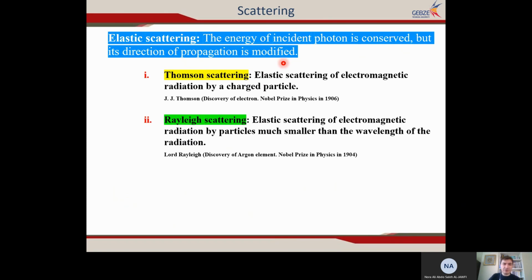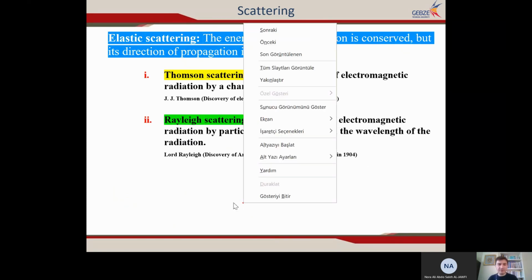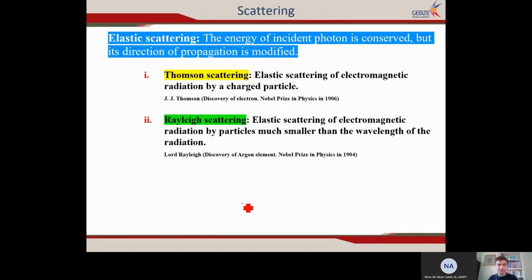So let me draw here. Let's consider that here there is an electron, okay? And then one X-ray comes with a certain energy, let's say E1, and wavelength lambda 1, okay?